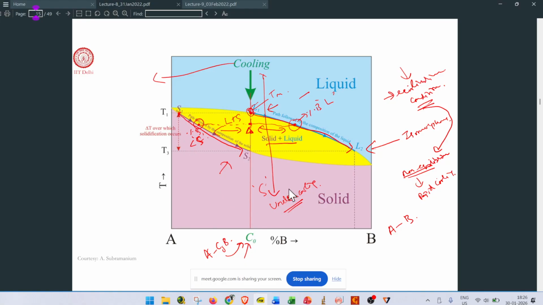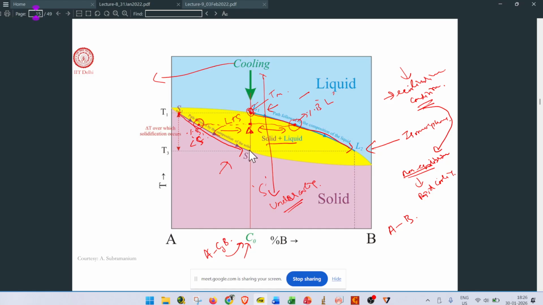But once I come to the in-between regions, we can see here it is solid plus liquid. Why? Because if I go from here, the A region can be solidified first, but the B element could still be in the liquid phase.